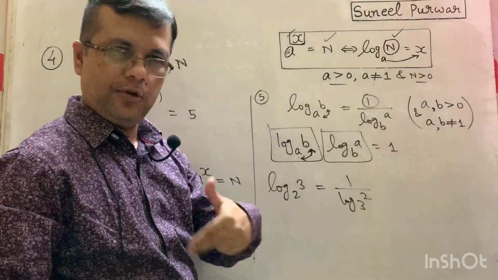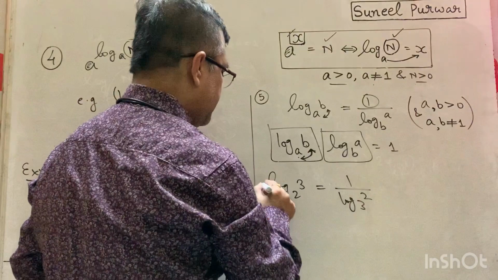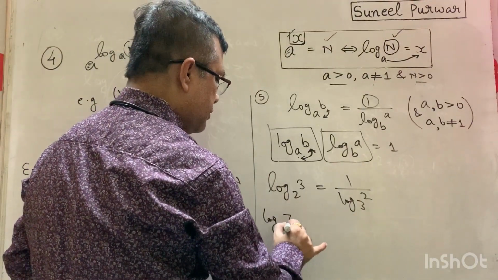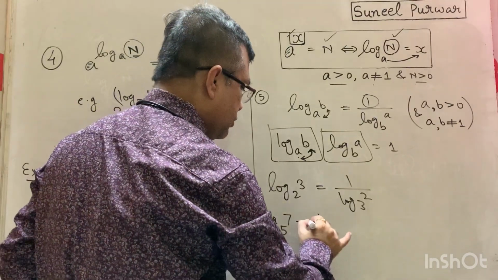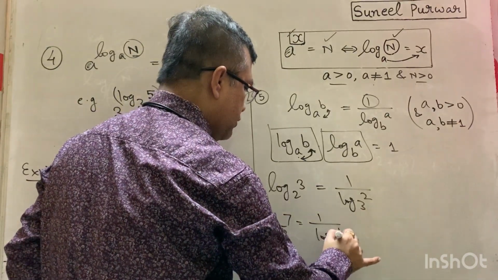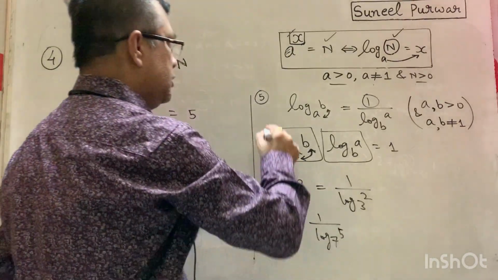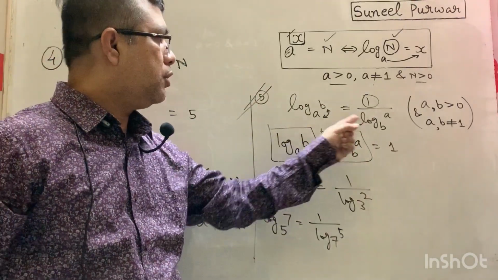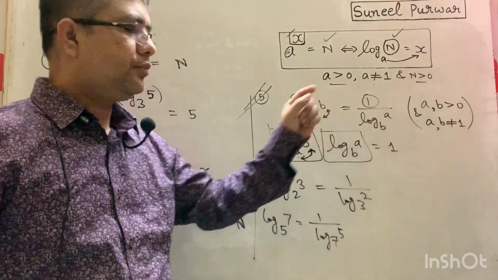Assuming this is true, I am going to prove it. Similarly, log of 7 base 5 can be written as 1 upon log of 5 to the base 7. So this is a very important result, and it must not be ignored.